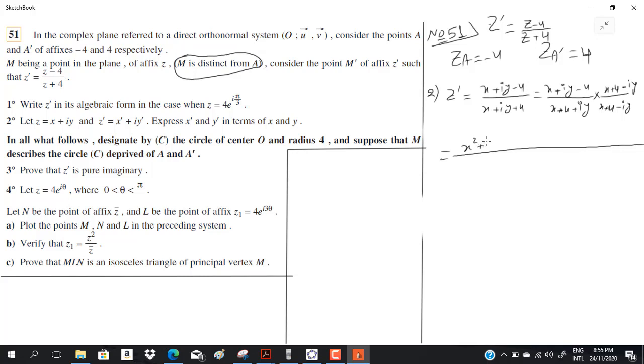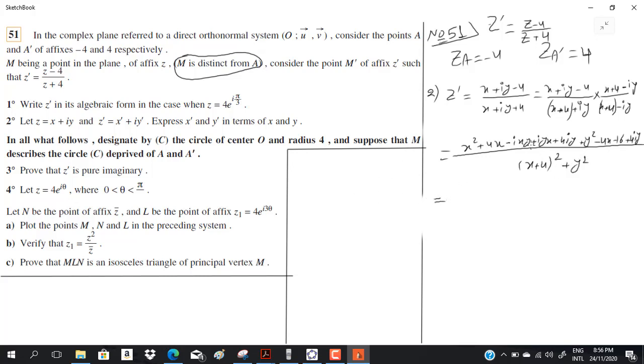X squared plus 4x minus ixy plus iyx plus 4iy minus I squared y squared plus y squared minus 4x minus 16 plus 4iy over, in the denominator we have a plus b into a minus b will obtain a squared minus b squared, but since we have I squared it's plus y squared.